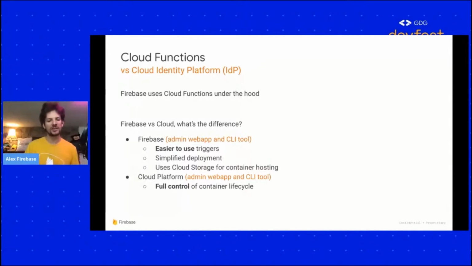But it comes at a cost. And the cost is that the API is not quite as easy to use, especially when you're just getting started. So Cloud Platform has this great flexibility. At the same time, the price you pay is that you have a steeper learning curve.